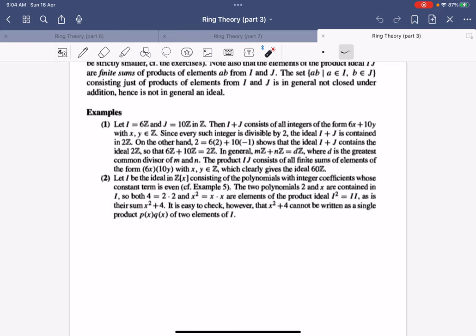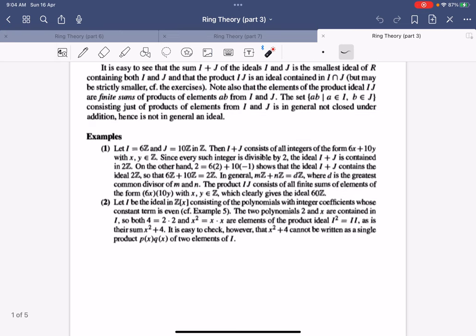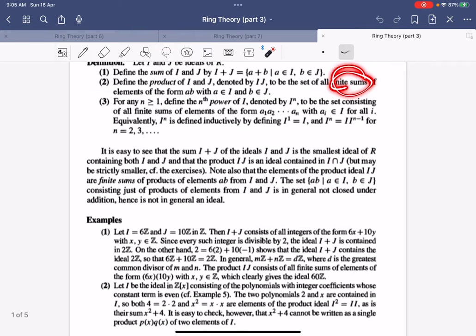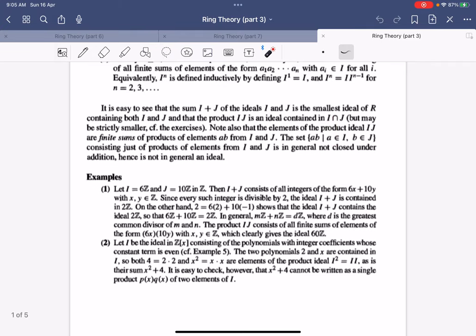But you can see that now the sum cannot be written as a single product of p(x) times q(x). So you can see how you really need the set to be defined in the finite sum sense, so that it is still an element of the ideal.